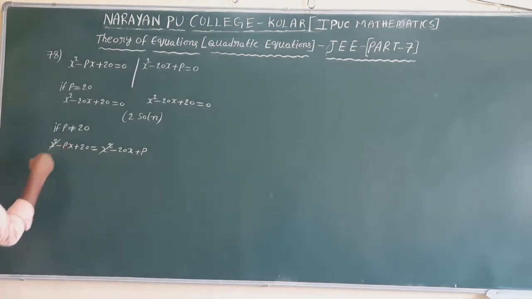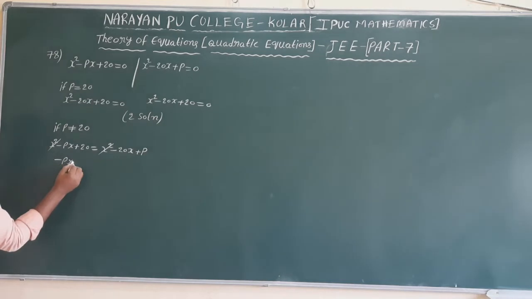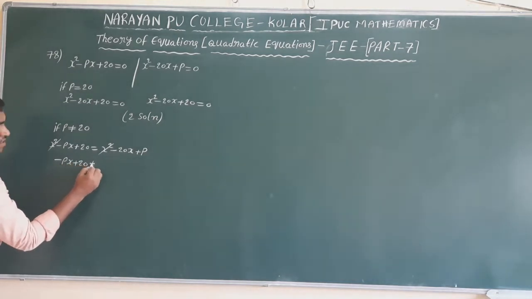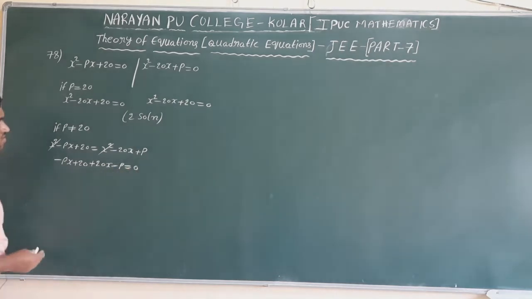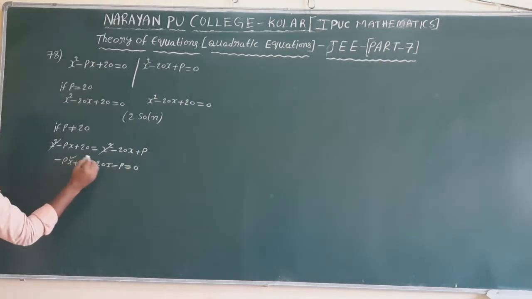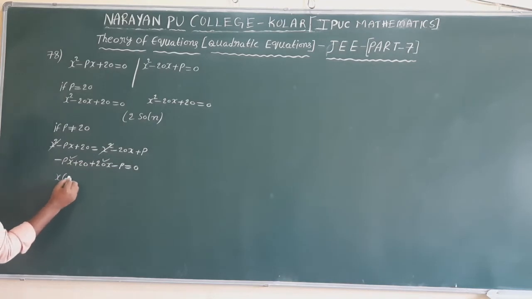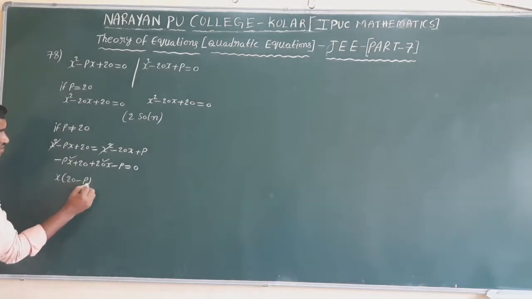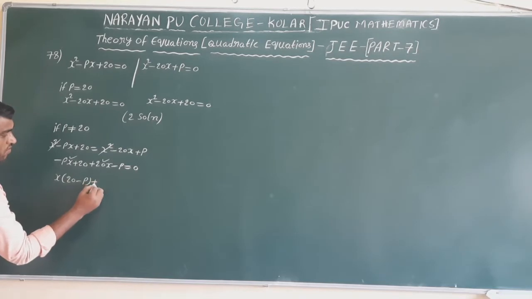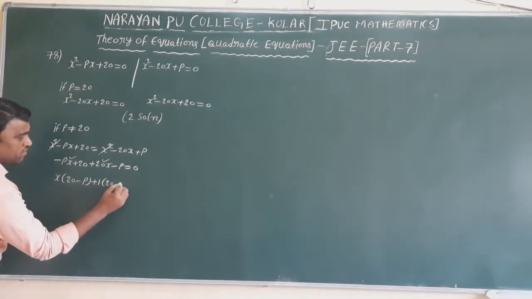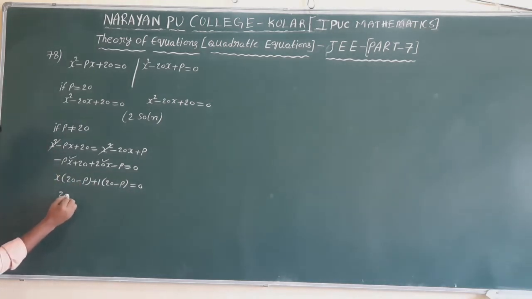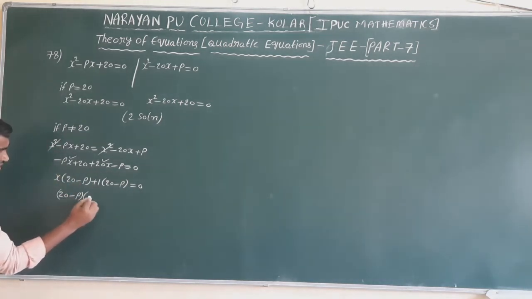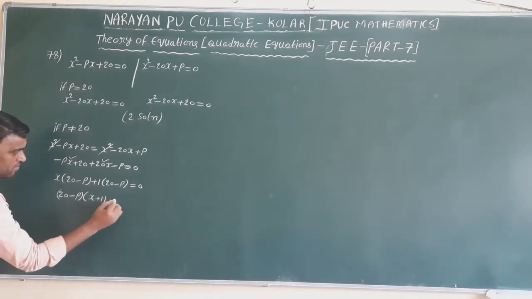So x square cancels. The terms go to the left side: minus px plus 20 plus 20x minus p equal to 0. In these two, take x common: x into 20 minus p. In these two, take 1 common: 20 minus p. Take 20 minus p outside, and the remaining is x plus 1 equal to 0.